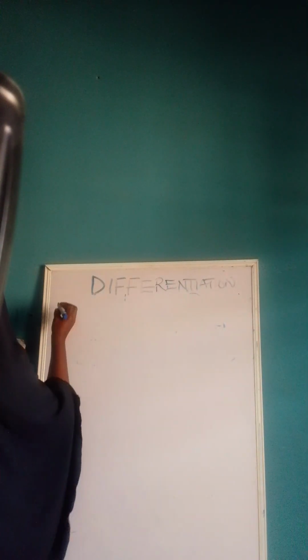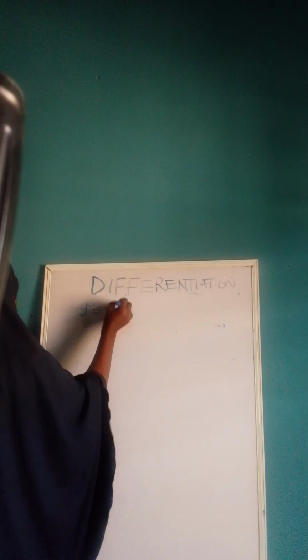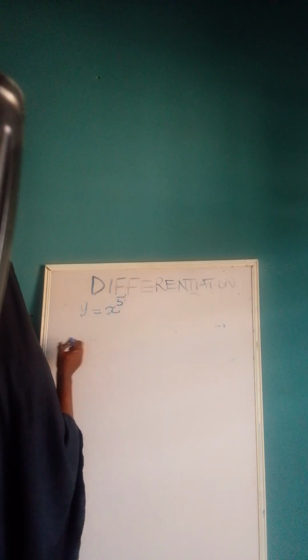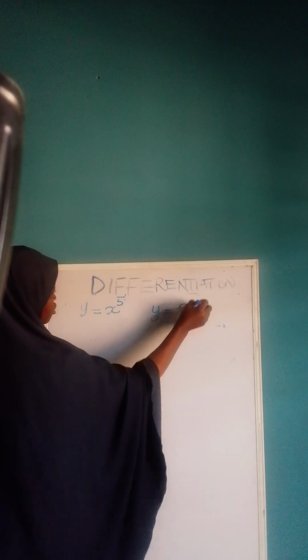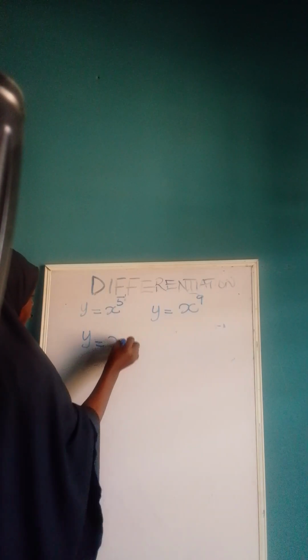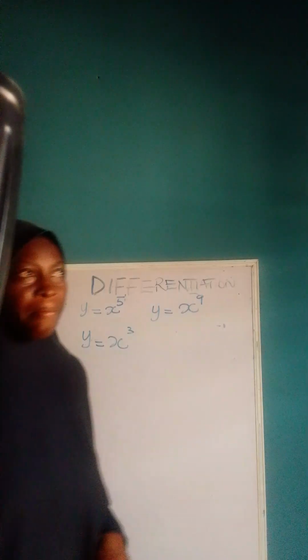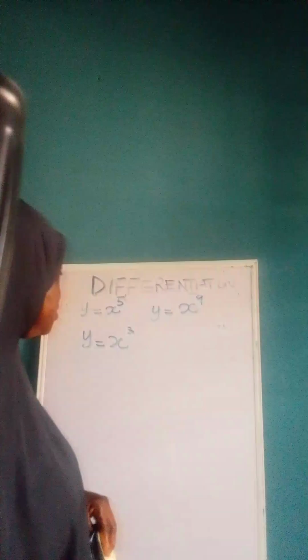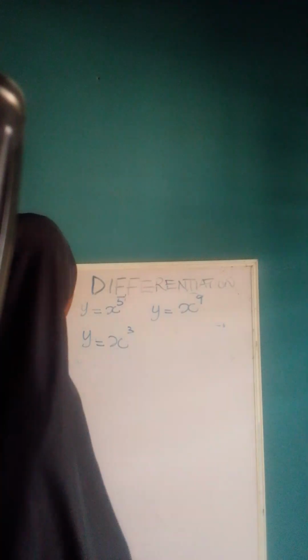When y is equal to x raised to power 5, x raised to power 9, x raised to power 3. If you have to find the derivatives, I believe that by just closing your eyes and opening it, you should be able to produce an answer using the power rule.